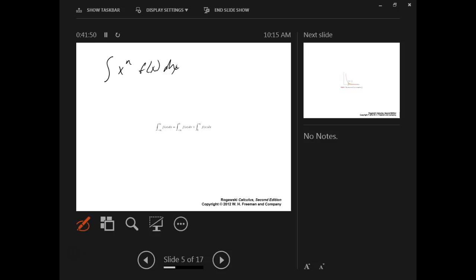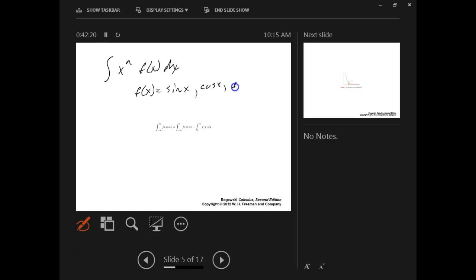So what would be potential functions for the f? Sine x, because that doesn't get any worse when you integrate it. You get plus or minus signs and cosines, but it just goes back and forth, right? Or cosine x, that will work fine.